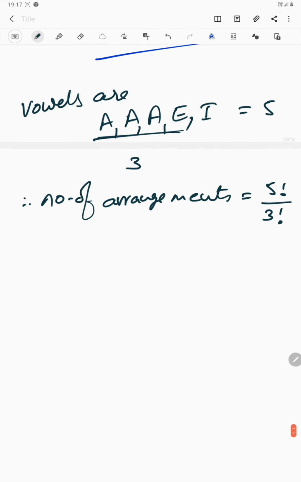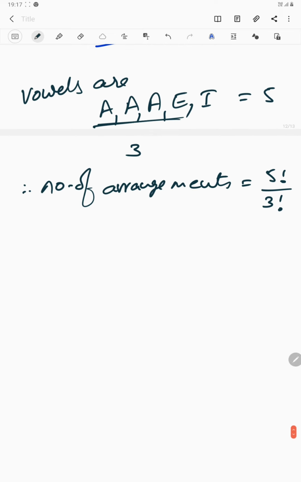Right? Now, we will consider all these vowels as one unit. Right? Why? Because the question is vowels together होना चाहिए. Therefore, A, E, I means among themselves we can arrange 5 factorial by 3 factorial. That is done. And now we consider this one as one unit.